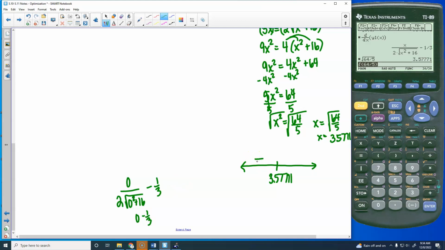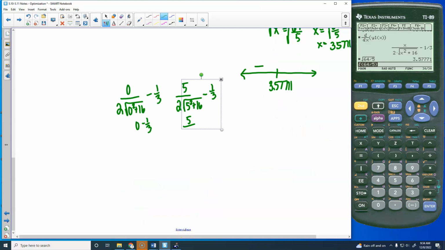If I plug a number bigger in, like 5 over 2 square root of 5 squared plus 16 minus 1/3, I got 5 over... Is that going to give me a positive number? 25. Do like a really big number, like 100.